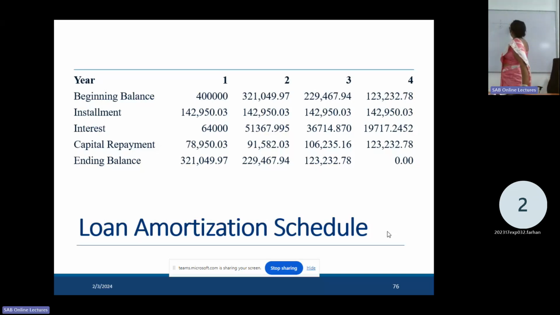I have to pay one more installment because this is a 4-year loan, only 1 year of installment remaining. So the loan outstanding balance here is equal to the present value at the end of year 3, which is the annual installment of 142,950. You have to discount this 142,950.